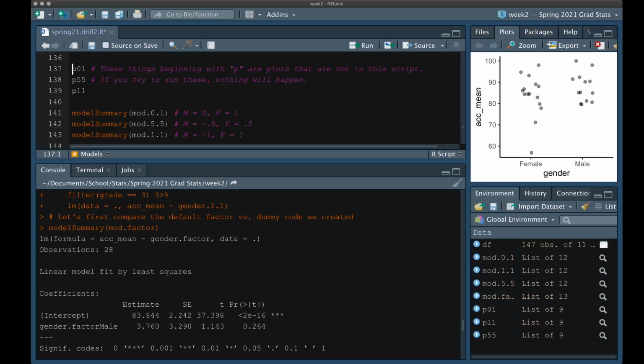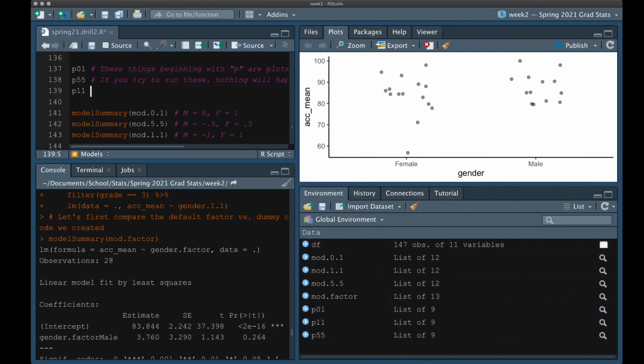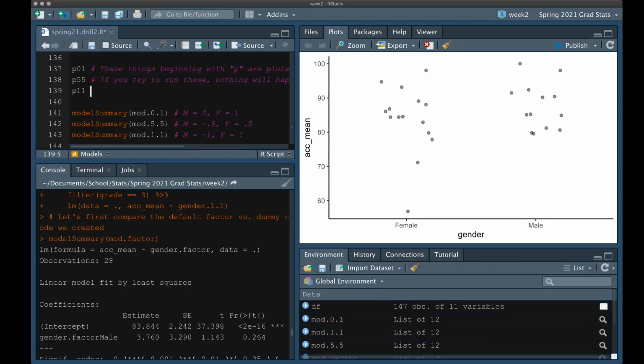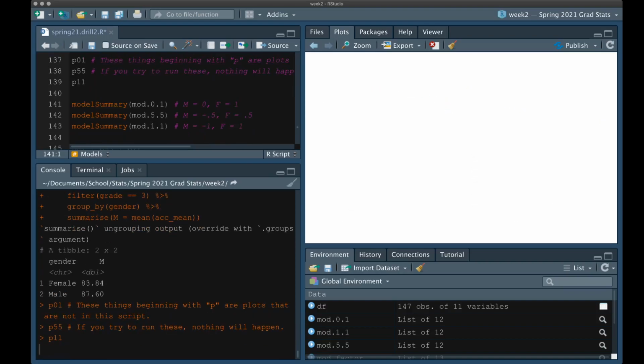P01 is coded as 0 and 1, P55 is negative half, positive half, and P11 is coded as positive 1 and negative 1. So I'm going to open this up so we can see our plots and look at each of these three plots.